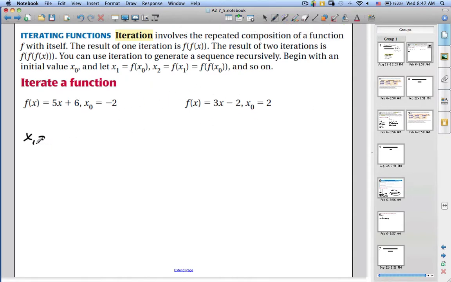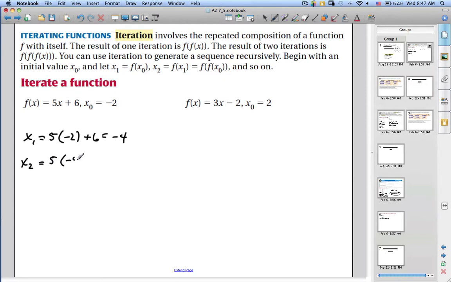So if I want to find x sub 1, that's going to be equal to the function of x sub 0. So I'll have 5 times negative 2 plus 6. 5 times negative 2 is negative 10. Negative 10 plus 6 is negative 4. Then if I want to find x sub 2, we're doing the same thing we were doing before with the recursive rule.